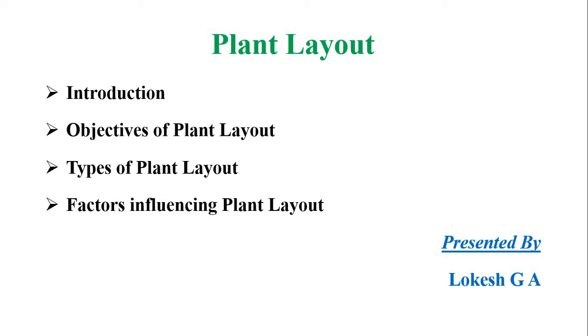That is why I have selected that Rajaji Nagar location, and there we have constructed one house. This is the location, the plant location, which we are going to select. The layout means the arrangement of physical facilities, the household facilities in a particular house. This is what plant layout is.